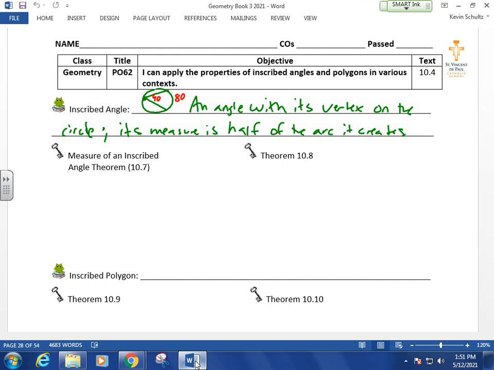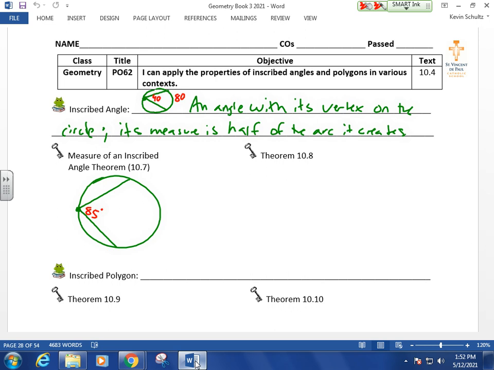I guess I could have made that picture a little bit larger down here, but go ahead and draw your circle. Okay, inscribed angle, you've got it on the circle. Goes across like that. If the angle measure is 85 degrees, what's the measure of the arc?